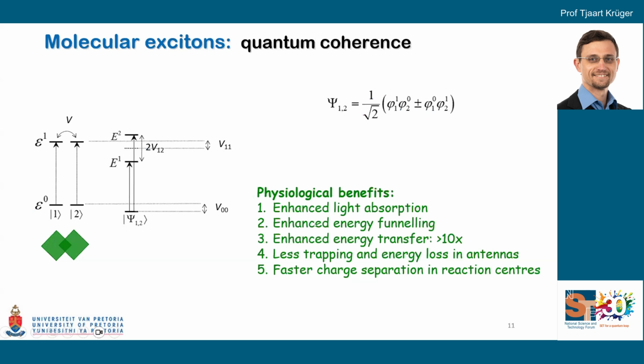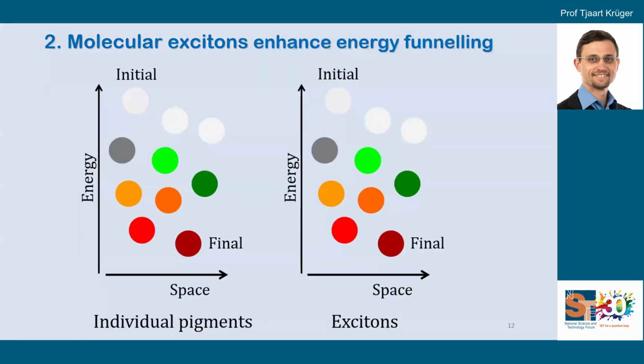Let me also give you an example of the enhanced energy funneling. Let's just conceptually look at a system like this. This portrays one light harvesting complex that is very commonly investigated, where you have an input and an output position. So energy is going to be funneled from other systems towards this site.